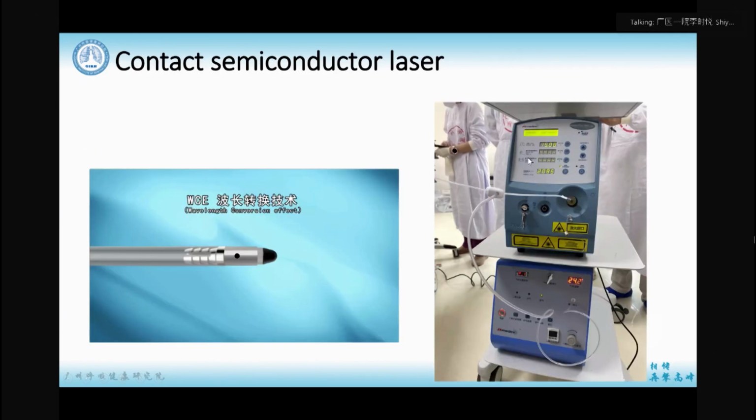For this patient, we used 15 watts for the laser ablation.